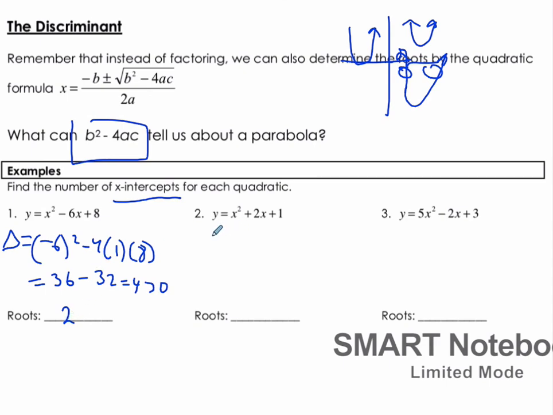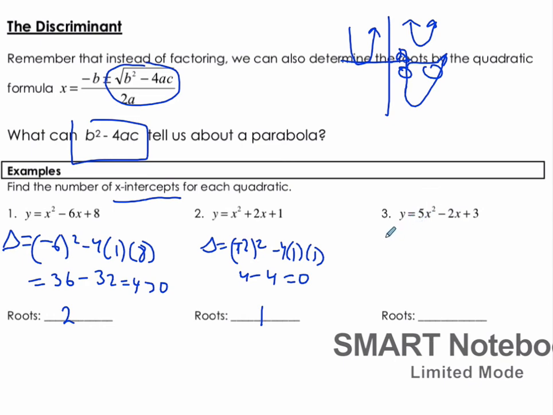Okay, the next one we have the discriminant equals positive 2 squared minus 4ac. So that's 4 minus 4 equals 0. When it equals 0, there is only 1 root, because you only get 1 answer here. You get positive negative root 0. So there's only 1 answer.